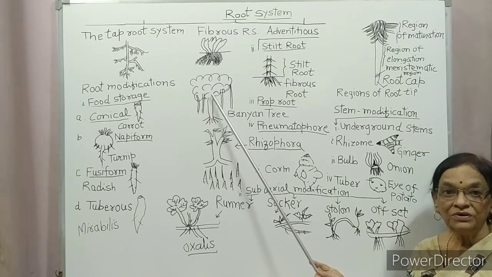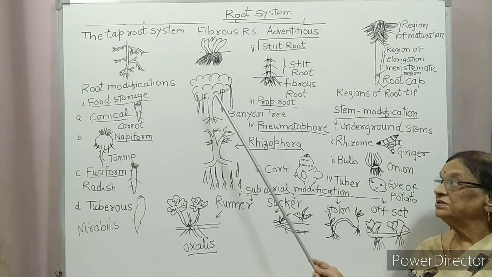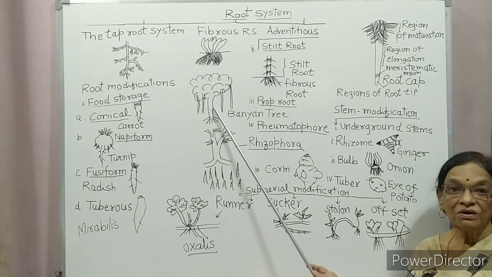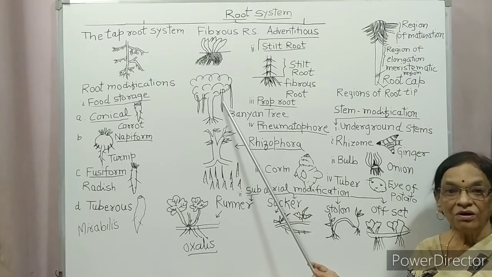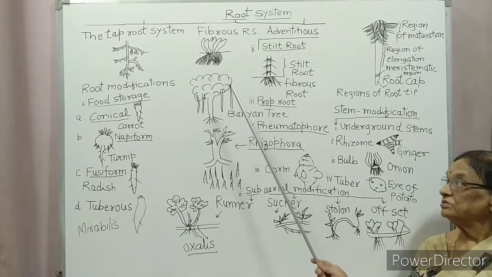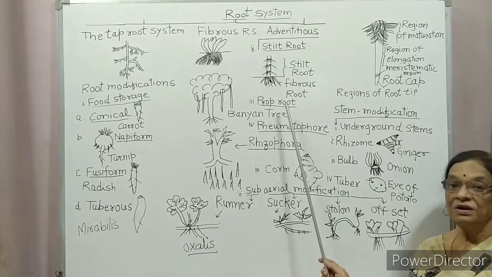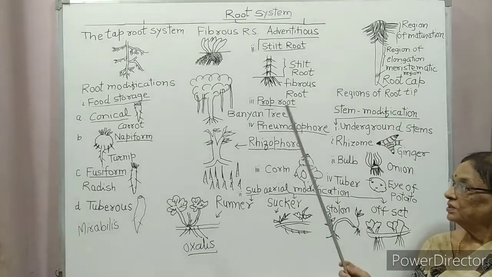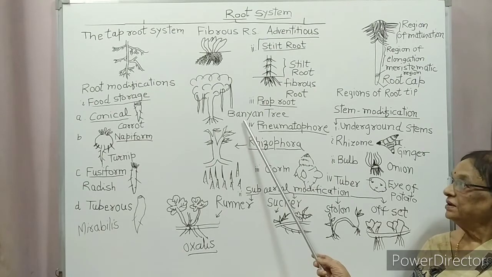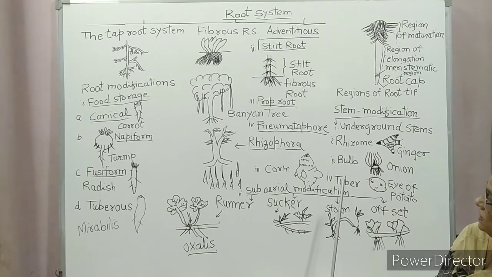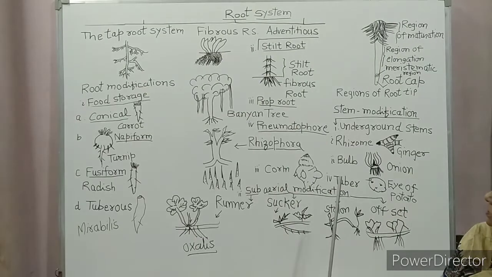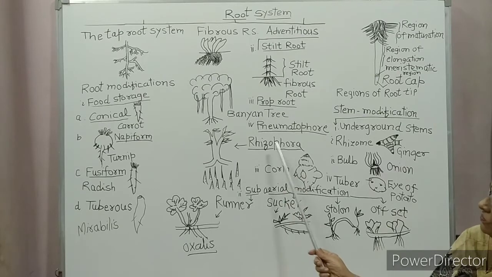It is very difficult to find out which is the main stem because the roots have joined together and form a pillar-like structure of stem. So such roots are called prop roots. Example is banyan tree. Then after this is the root for respiration in rhizophora.